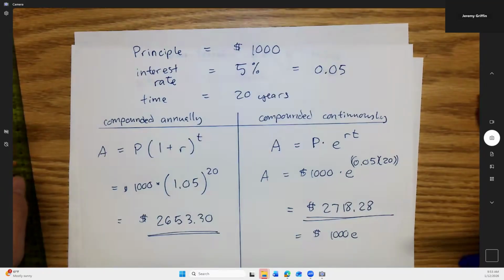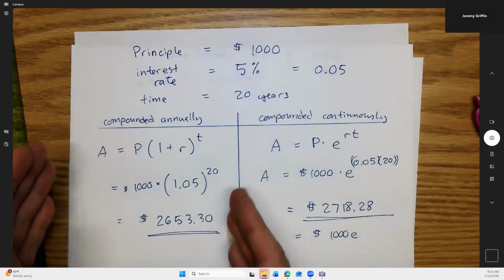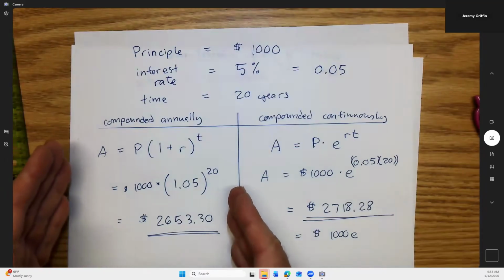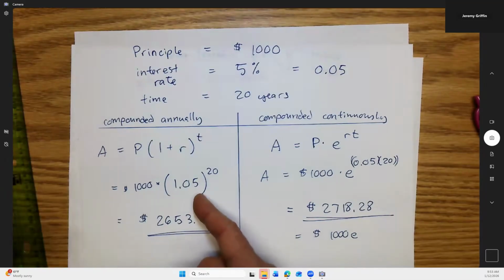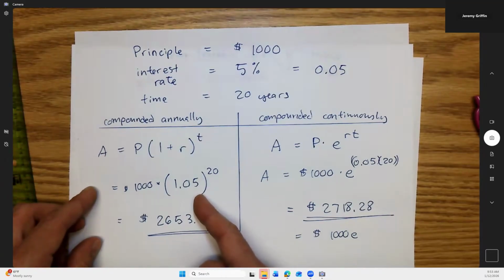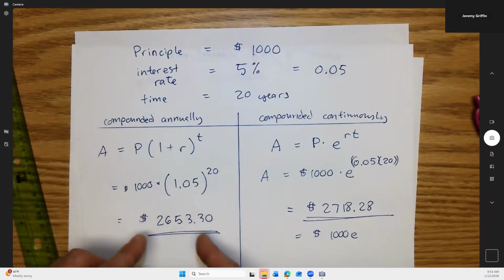All right. So while you're writing this down, I'm going to remind you guys what's going on here. Last week we were looking at this on the left side. If you compound annually, 5% just kicks in every maybe December 31st. So we're doing that for 20 years, 1.05 to the power 20 times the principal to get some money out of this.